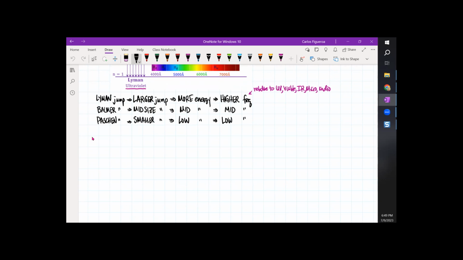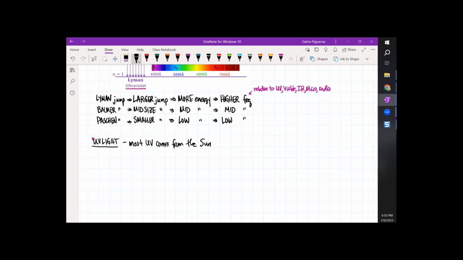So let's talk about UV light. When I look at UV light, what am I actually seeing here? I would say that most UV comes from the sun. That's not a surprise, right?